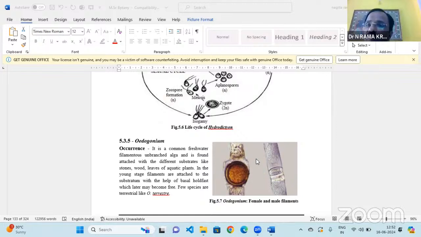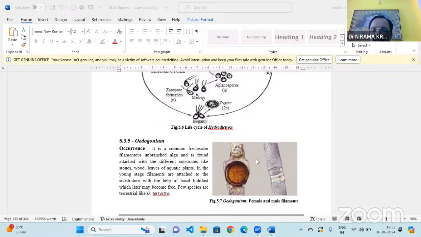That cell is modified as a male, someone is modified as a female. These isogametes come together, forming a zygote. This zygote produces the new plant.